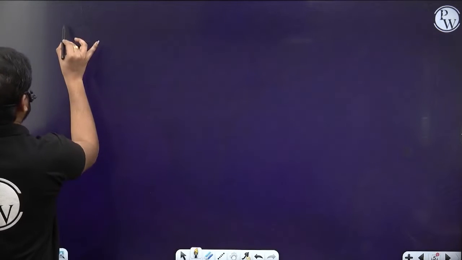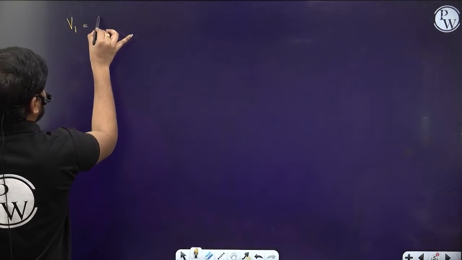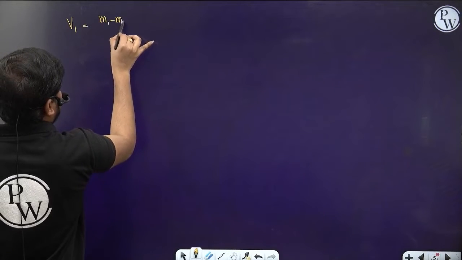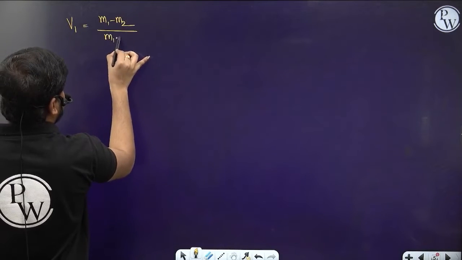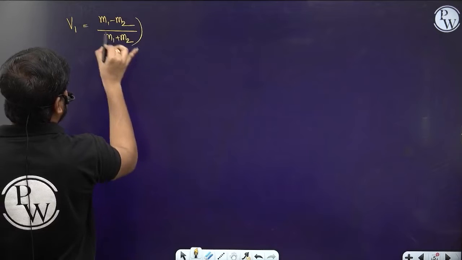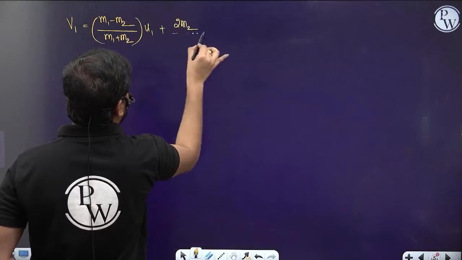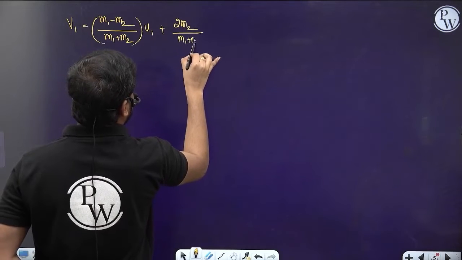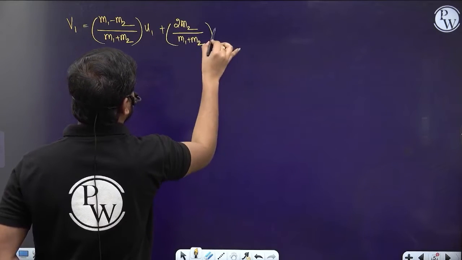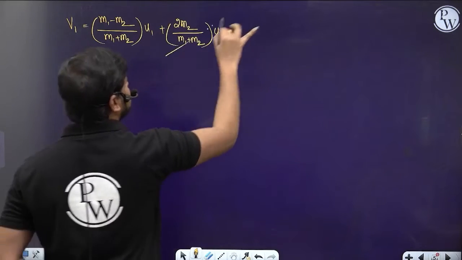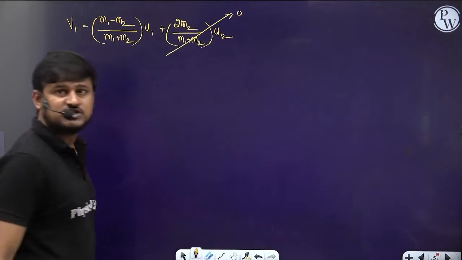We have v1 is equal to (m1 minus m2) by (m1 plus m2) into u1, plus 2m2 by (m1 plus m2) into u2. However, the second particle is at rest, so its velocity is equal to 0.